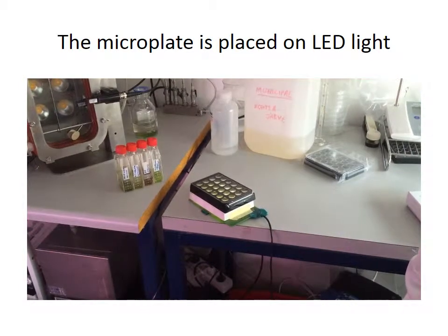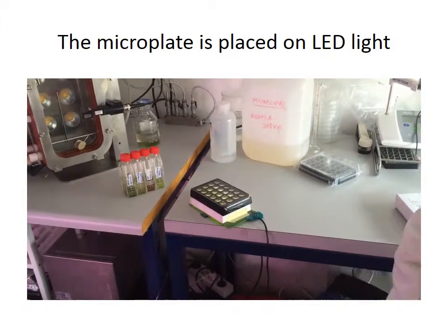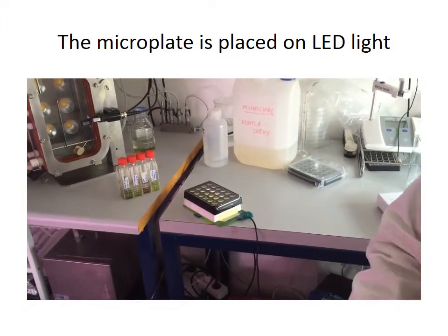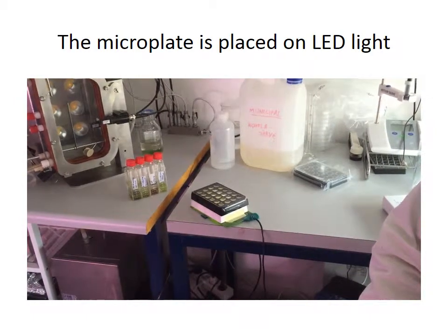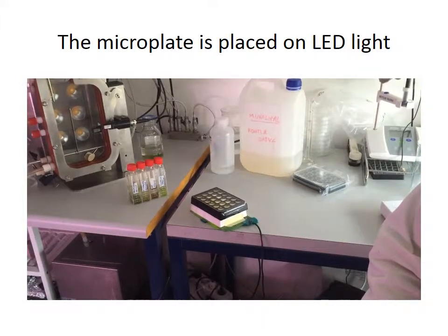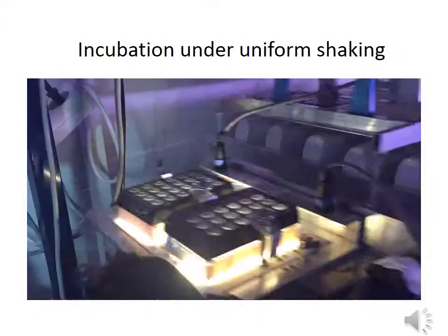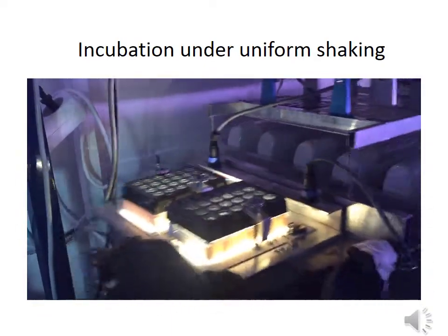At this point it is incubated on an orbital shaker for a certain period of time. Measurements will be taken at different times a day in order to follow the growth of the microalgae, always with the Synergy microplate reader.